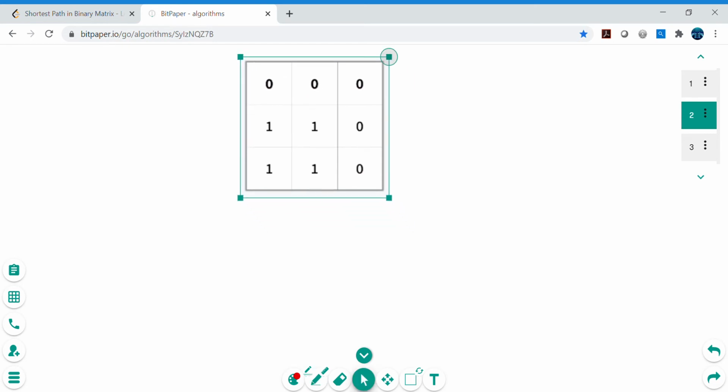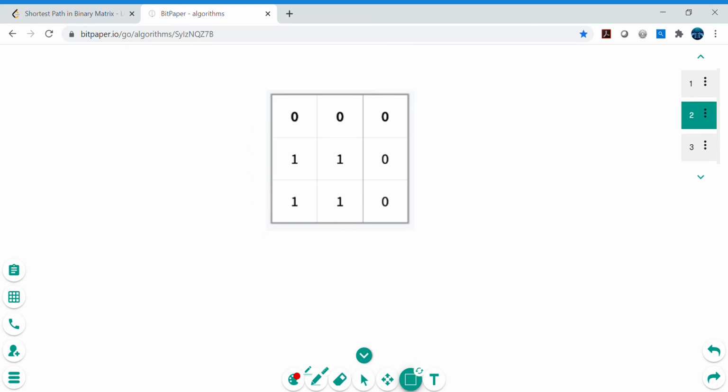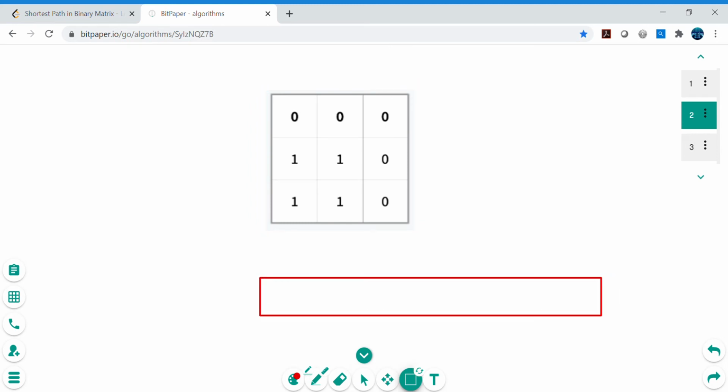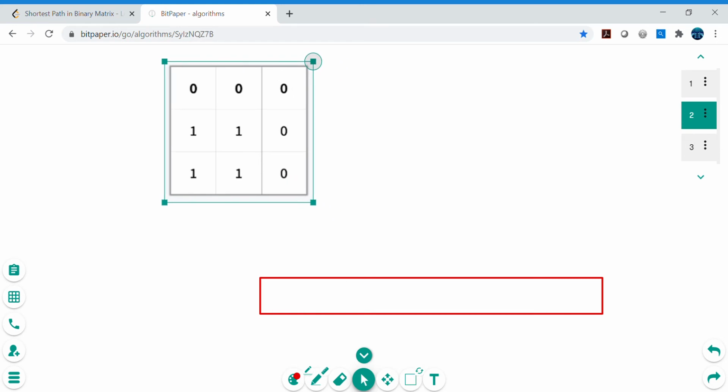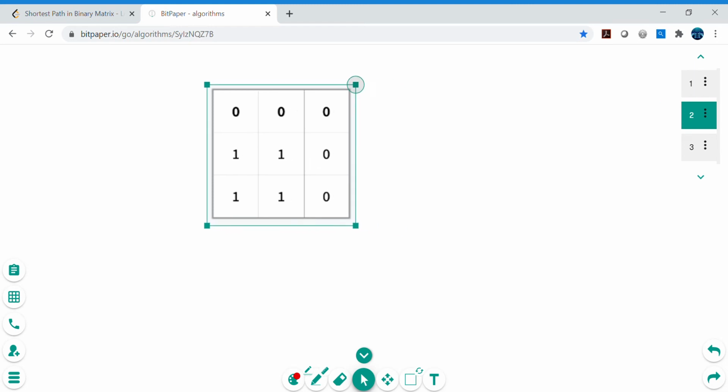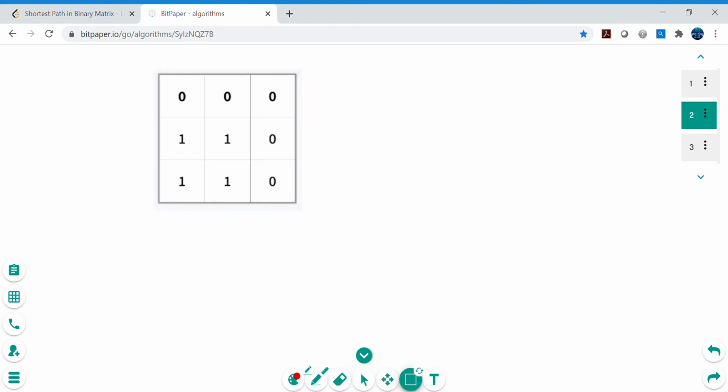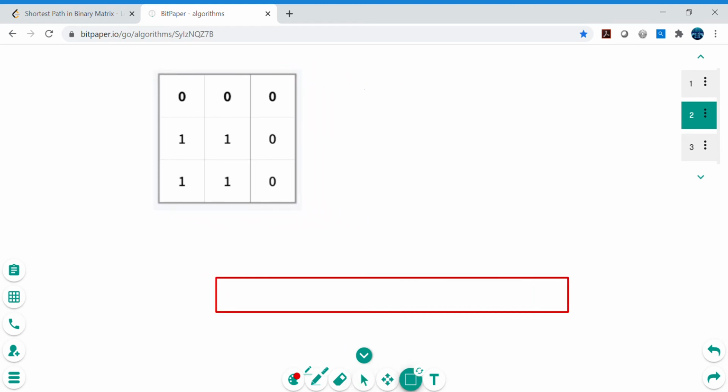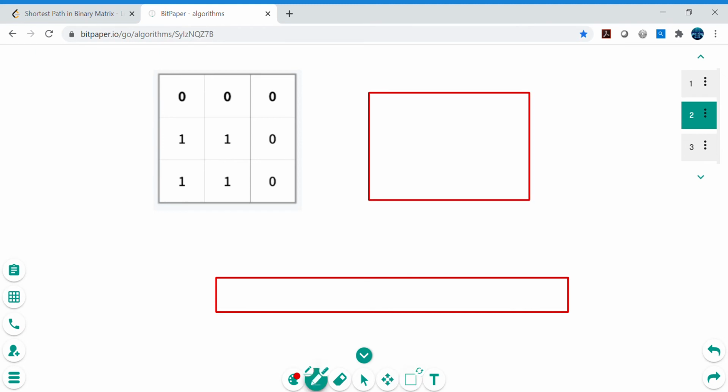So let's try to understand this one. This is our matrix, and this is our queue. This is another matrix again, just with 1 2 3 4 5 6 7 8 9.